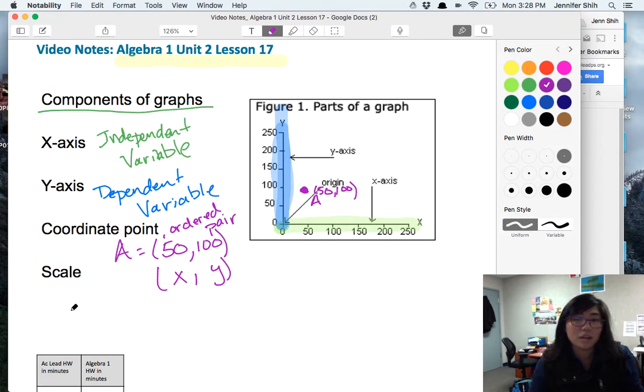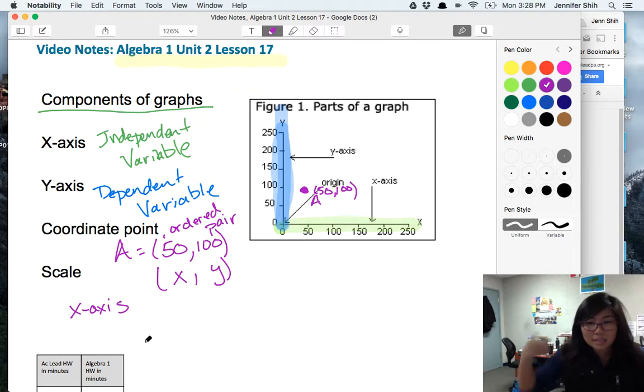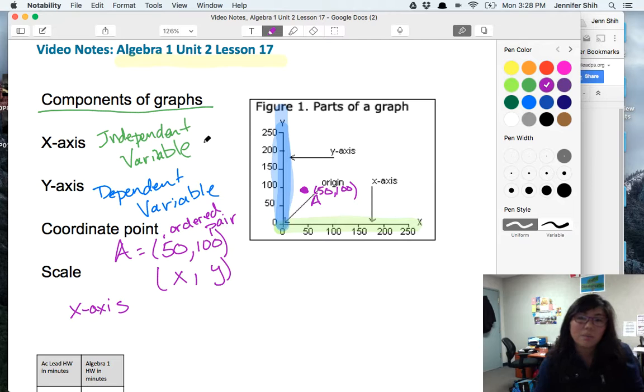Scale. For the x-axis, your scale is kind of like the scale you step on to weigh yourself, but it mainly is a scale to measure things. But this scale means, on your x-axis, what are the intervals of those little tick marks? Sometimes we have to fill in our own tick marks.